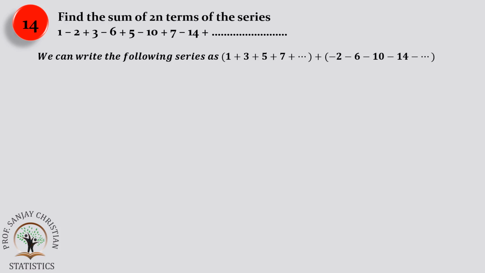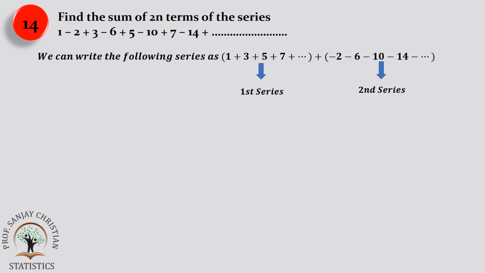So this is our first series and obviously this is our second series. Now as it is said to find the sum of two n terms, can we make it like this?